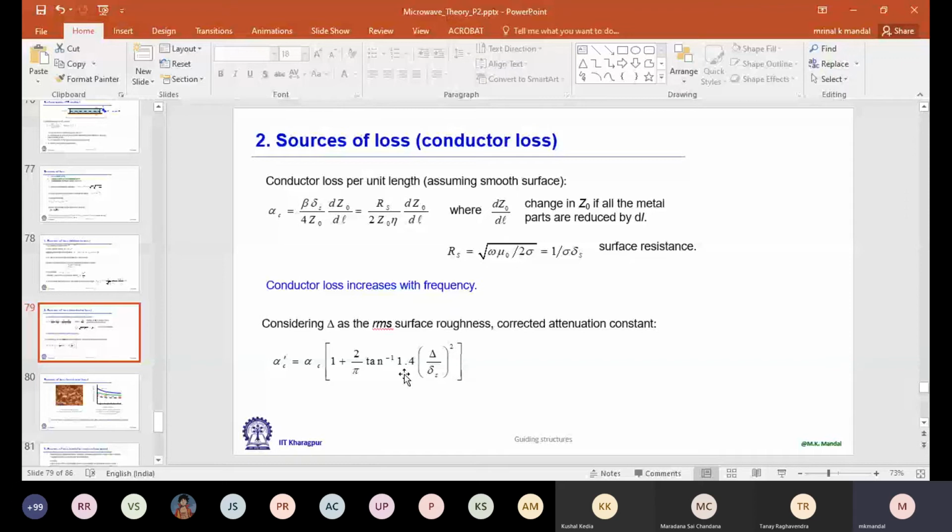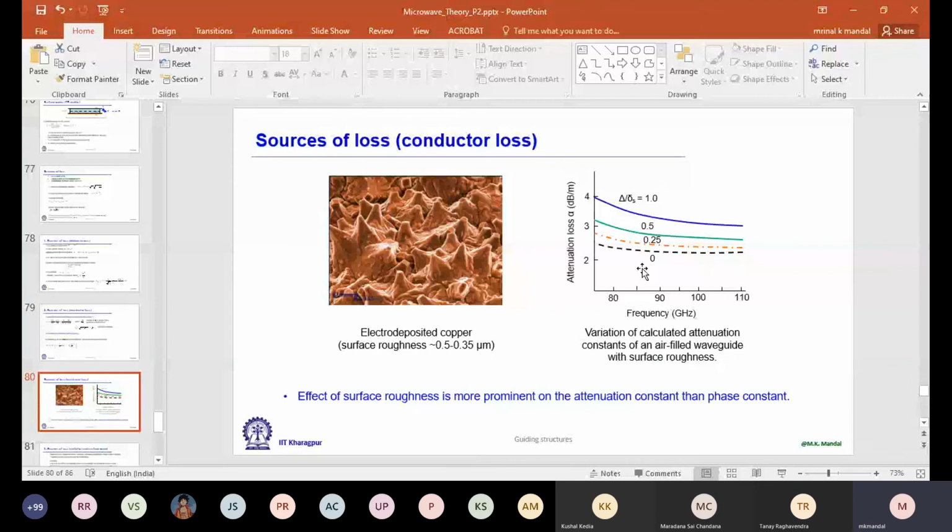So we can conclude that at millimeter wave frequencies, where skin depth is much smaller, we have more conductor loss. It is coming due to the reduced skin depth plus some additional term, which is because of the roughness. Now, I'm plotting it over 80 to 110 gigahertz, the attenuation constant alpha C only. If I consider zero roughness, its value is somewhere between 2 to 2.2.